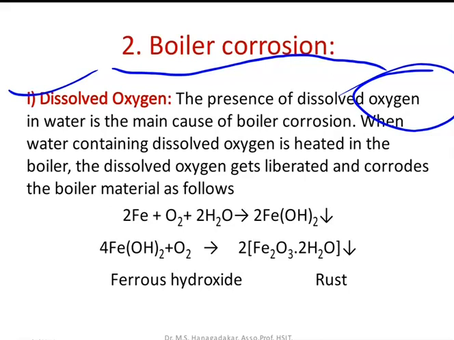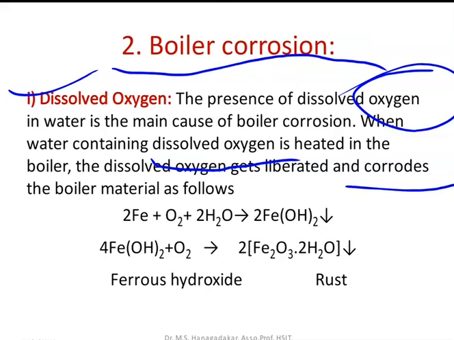Now, the dissolved oxygen present in the water causes boiler corrosion. When we take the boiler feed water, if it contains a sufficient amount of dissolved oxygen, when it is heated, the liberated oxygen gas corrodes the boiler material. We can explain it by simple chemical reactions.